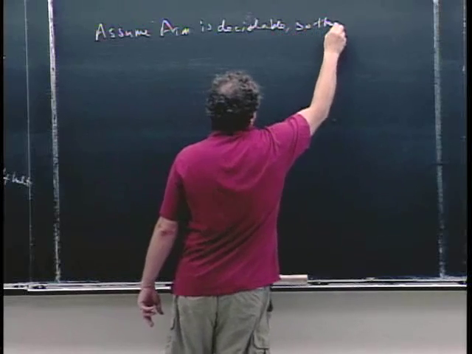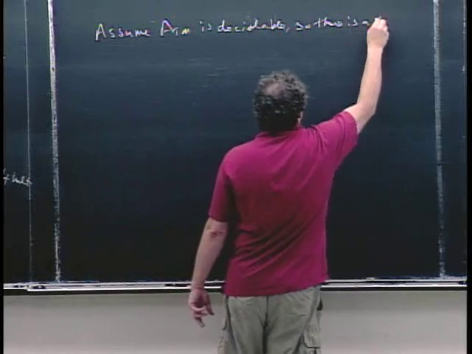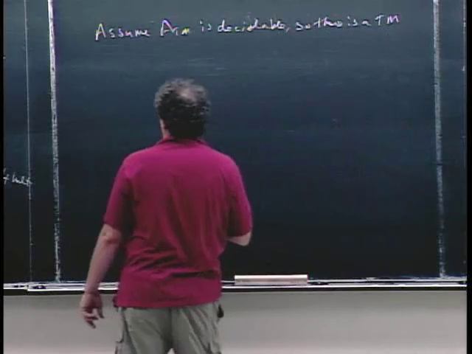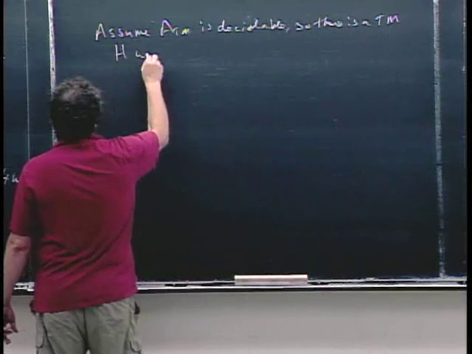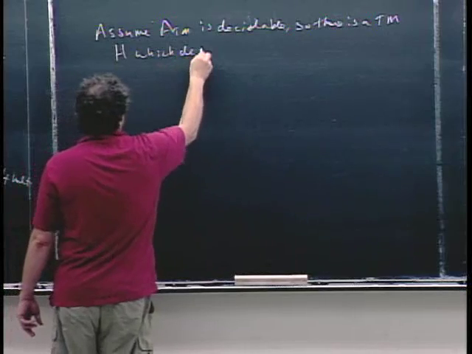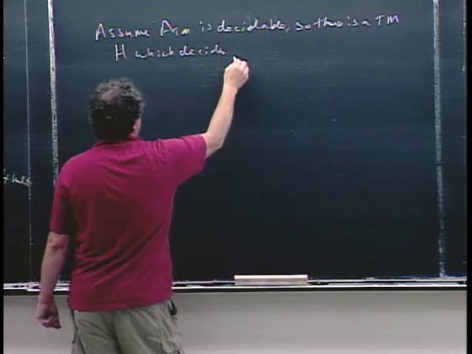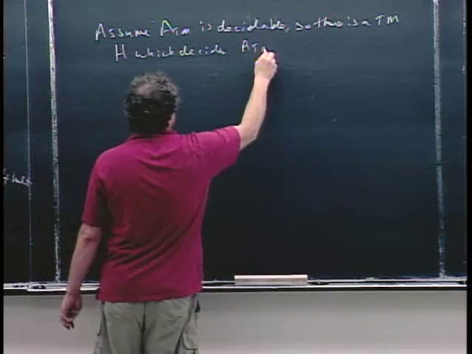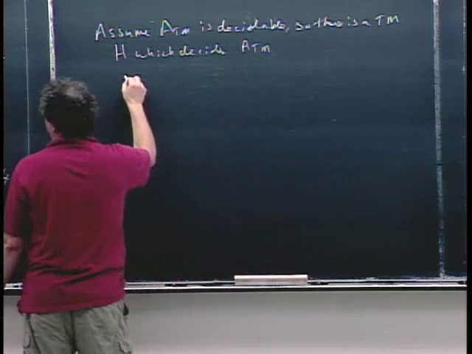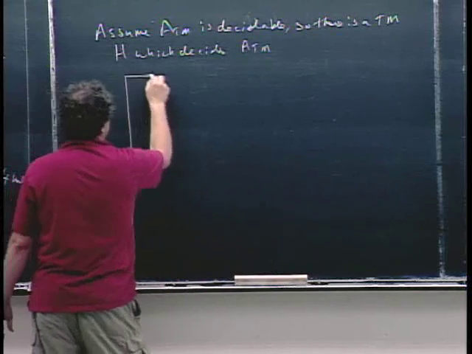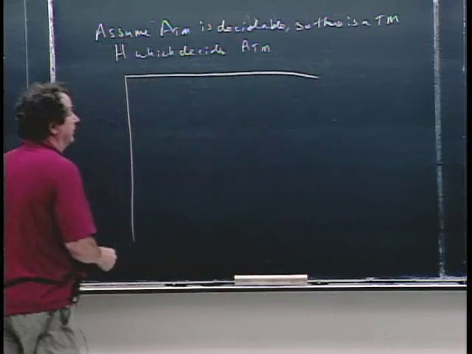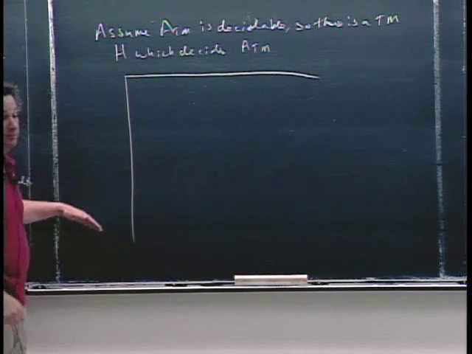So there is a Turing machine, I'll call it H, which decides ATM. And H has a table too, which describes its behavior. So this is the behavior of H on its input.